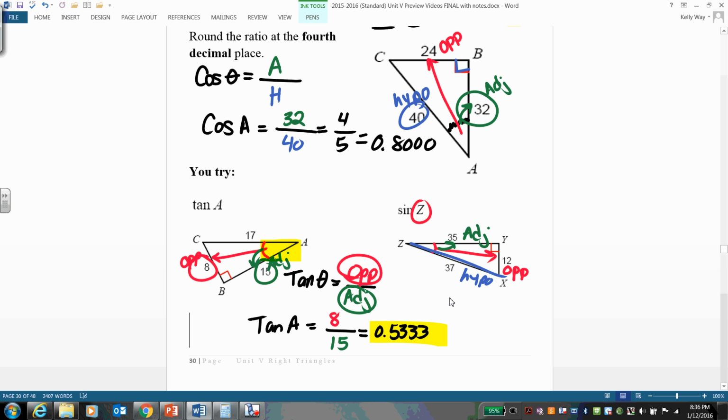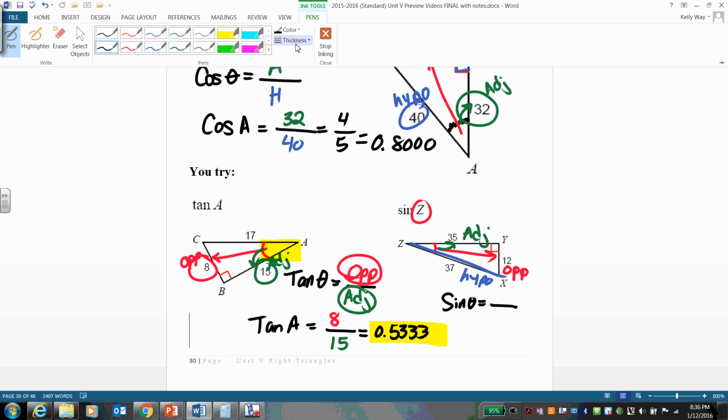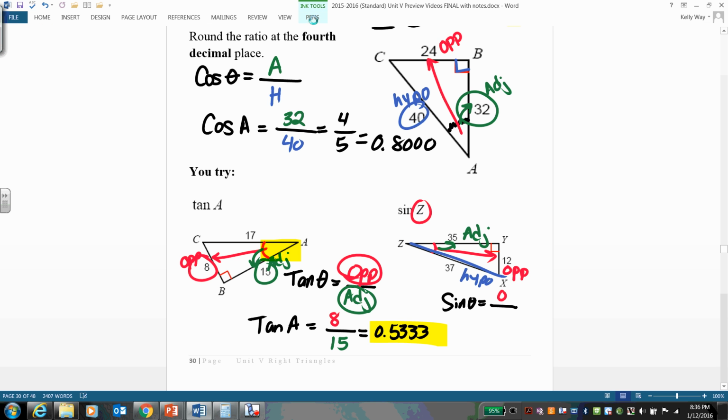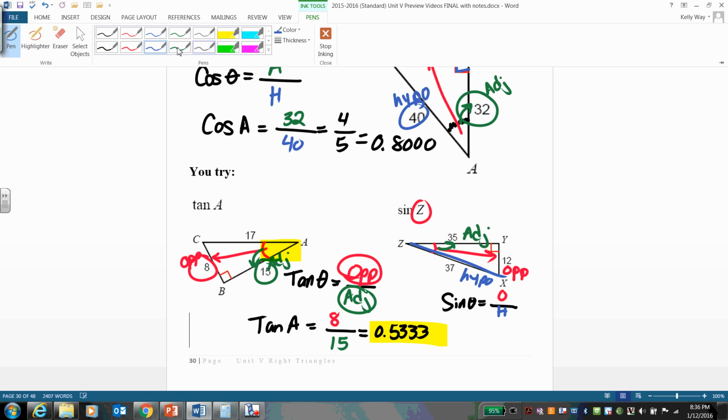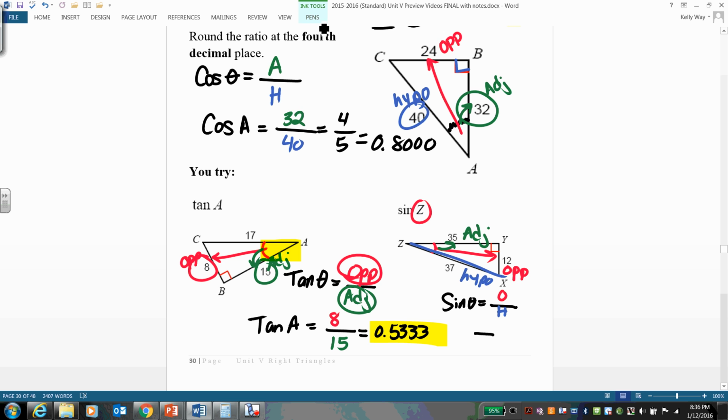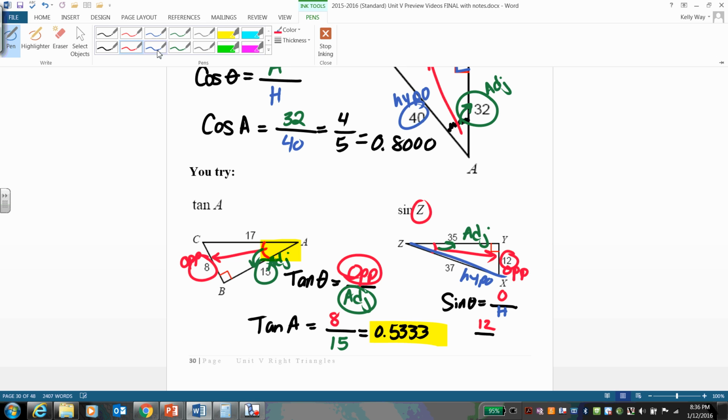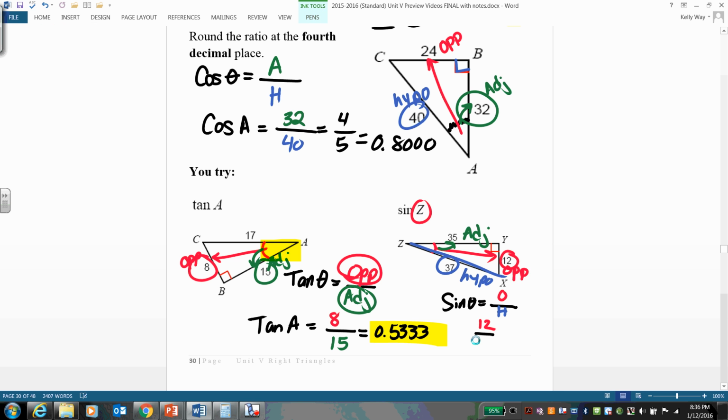Write the equation out. I want the sine ratio equals, and this is SOH, so it's O over H. So my sine ratio is going to be my opposite, which is 12, over my hypo, which is 37.